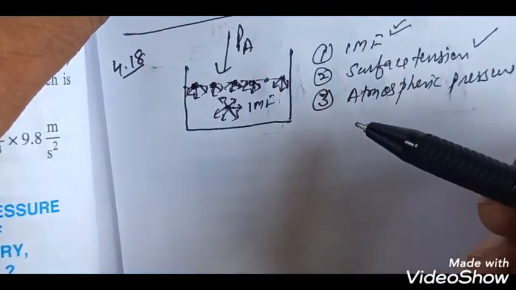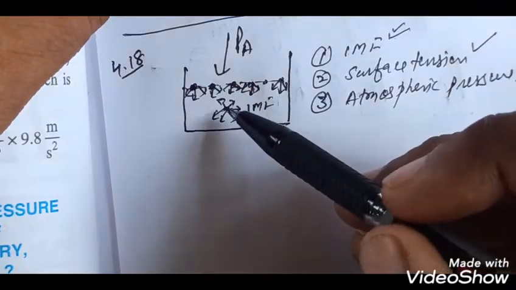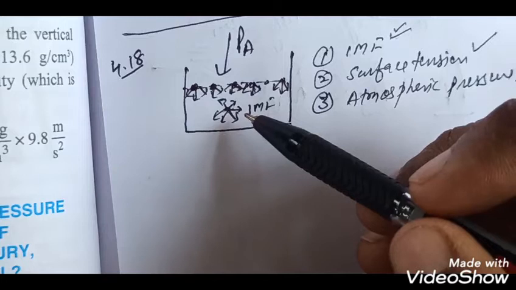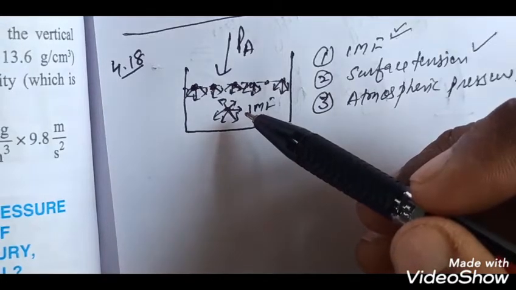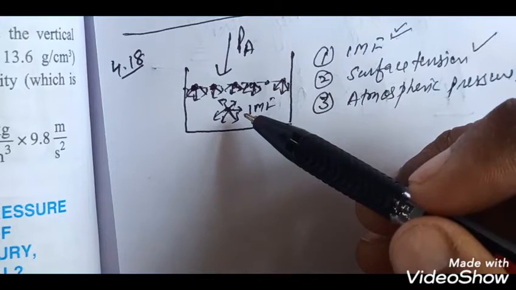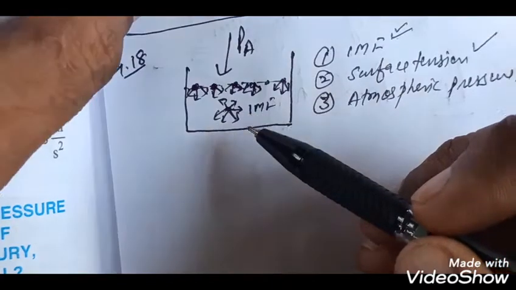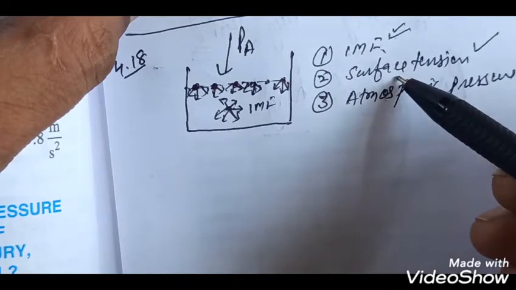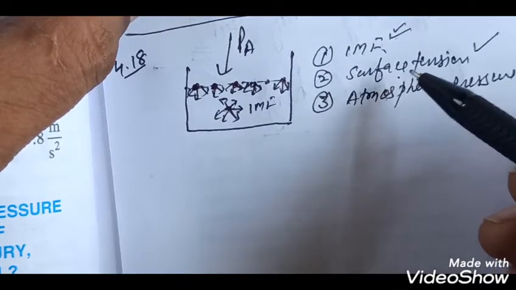And the molecules are striking one another and they keep on gaining kinetic energy. When one molecule strikes another one, it may hand over energy to the next molecule. This way, some lucky ones, their kinetic energy goes on increasing. And then they can overcome intermolecular force and can overcome surface tension also, depending upon their energy.